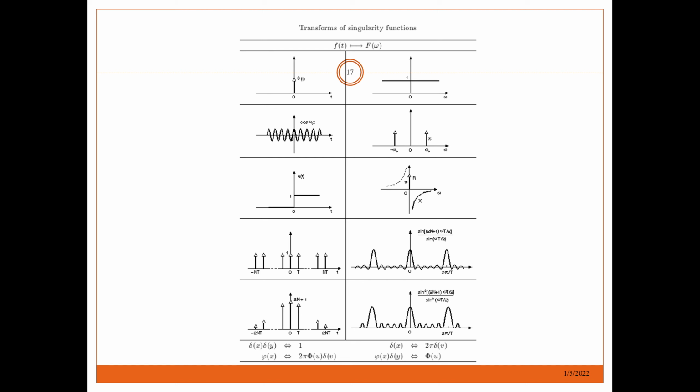So this is the signal. Delta is a DC. For a cosine, it is a delta here.